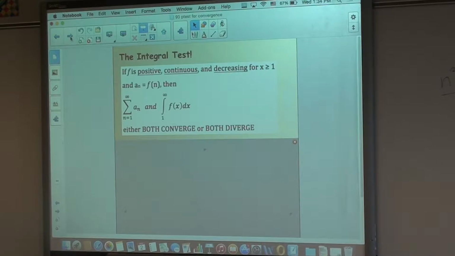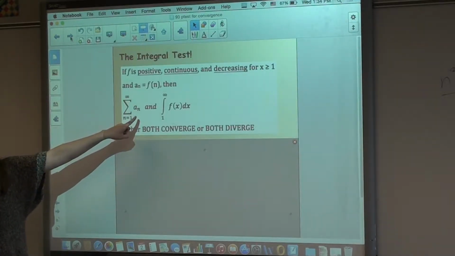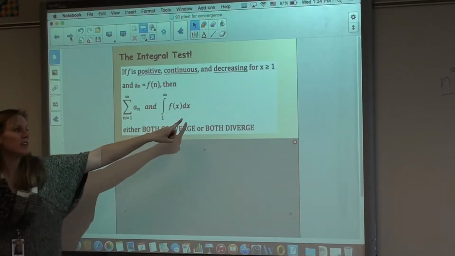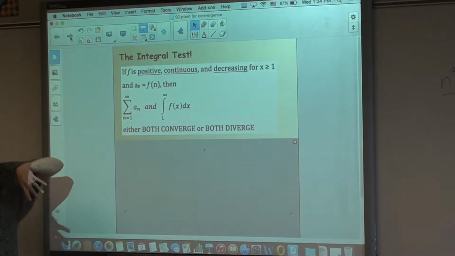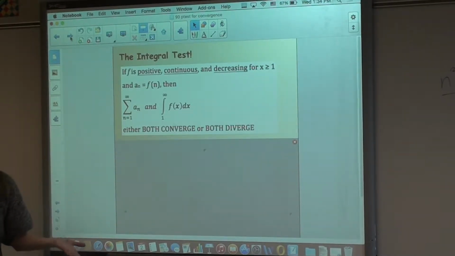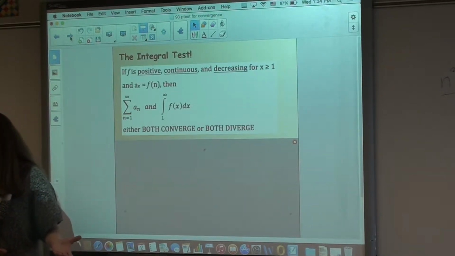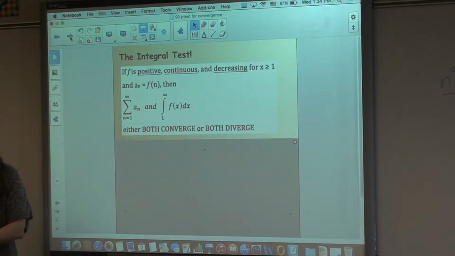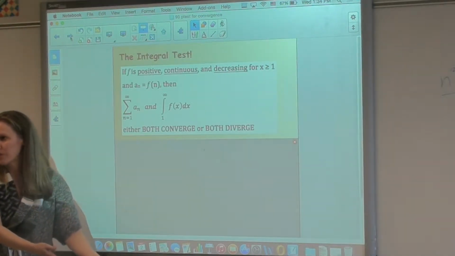Okay, so here's what the integral test says. Suppose we take the rule of the series and rewrite it as a function. If your a sub n is n squared over 5, then you would have f of x equals x squared over 5. So it's just taking the series rule and writing it as a function, with function notation.